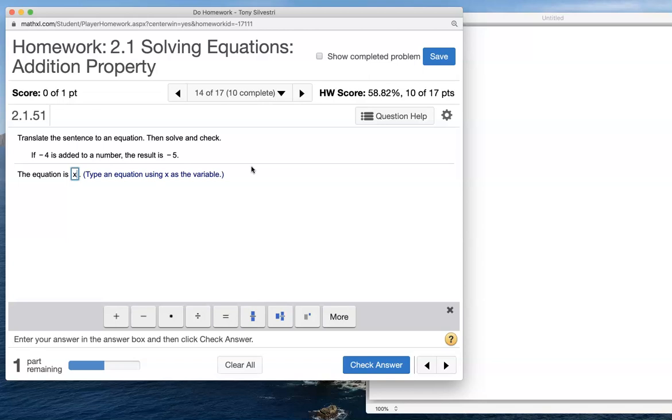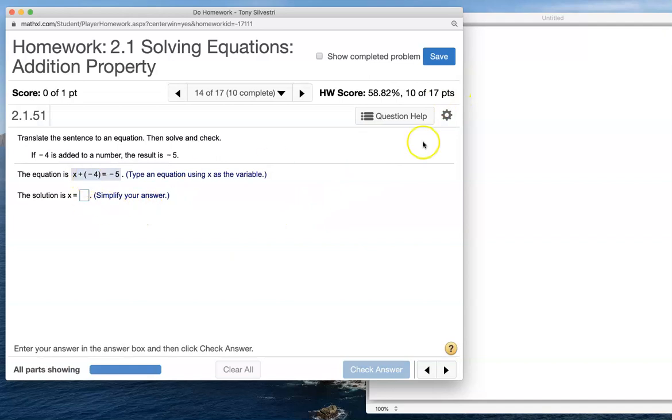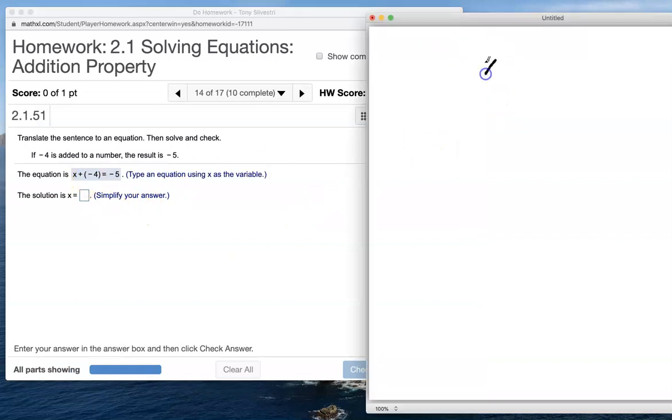If -4 is added, okay, I am adding -4 to X. The result is -5. Okay, that looks good. Now what does this mean here? Remember, X plus a -4 equals -5.